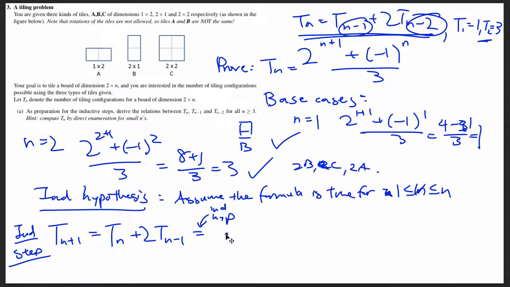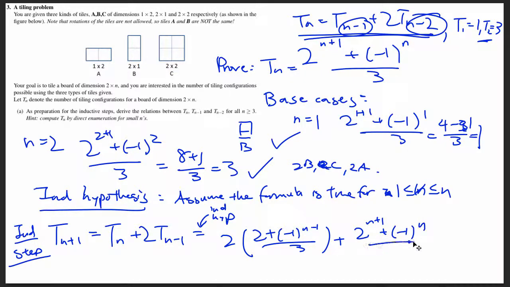we have 2 times (2 to the n plus negative 1 to the n minus 1) over 3 plus (2 to the n plus 1 plus negative 1 to the n) over 3. So I switched up the order a little bit. Sorry for the confusion. This is the Tn minus 1 case, and this is the Tn case.